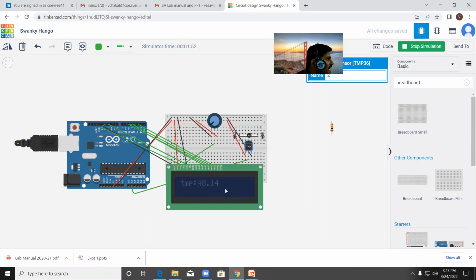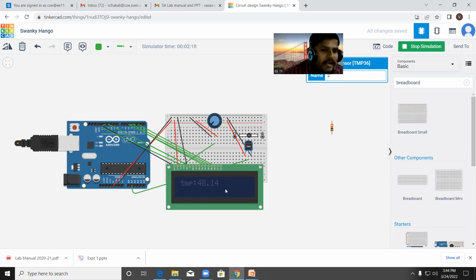Suppose this is one iron rod, and this sensor will sense the temperature of that iron rod, right? So if the temperature of the iron rod increases, the sensor senses that temperature and it will be displayed on the peripheral device.